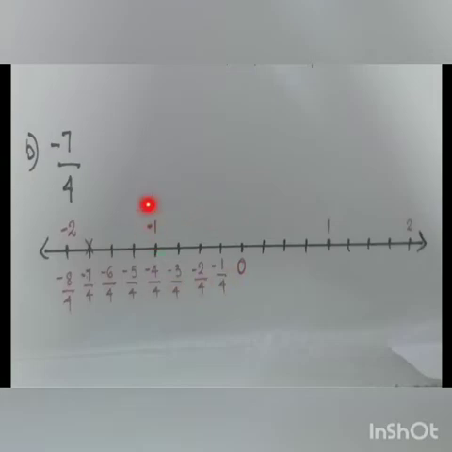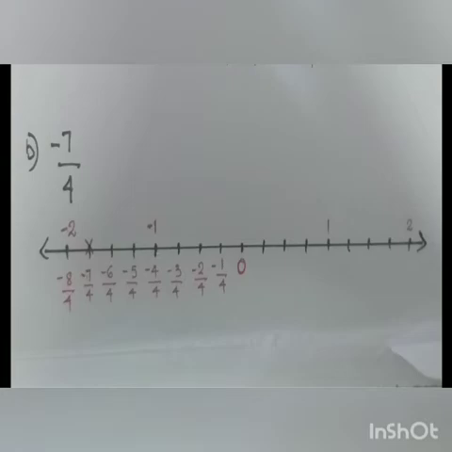Again, that 1 unit to 2 units I again divided. So, continuously negative 1 by 4, negative 2 by 4, negative 3 by 4, negative 4 by 4, negative 5 by 4, negative 6 by 4, negative 7 by 4, negative 8 by 4. What is negative 8 by 4? Negative 8 by 4 is equal to negative 2 itself. Similarly, negative 4 by 4 is equal to negative 1 itself.